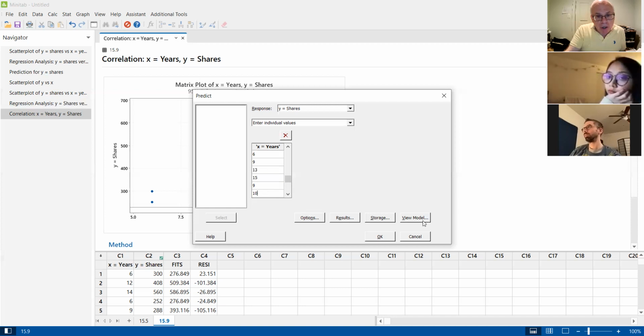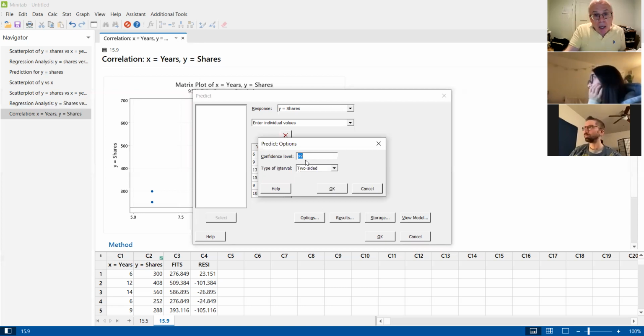And let's look at the various choices here. Options. What's options going to give us? Well, we can choose a different confidence level and prediction level here. If we don't want 95%, we could choose a different one right here. So if I ask for 99%, you type it in.